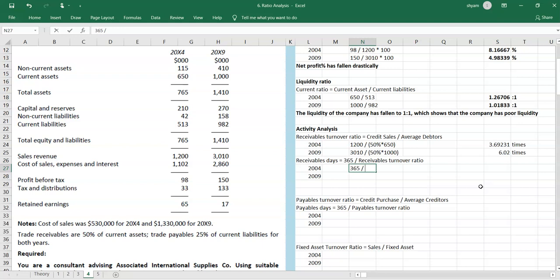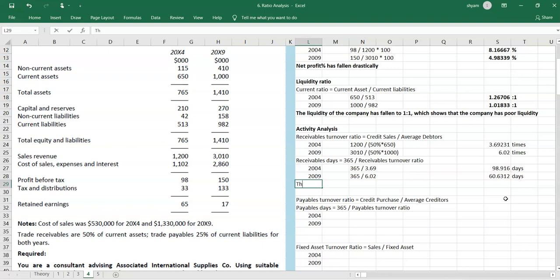So the first one is 3.69, 6.02. So both are expressed in days, and let's put a comment here. Earlier they were having the receivables outstanding for 98 days. Now it has fallen to 60 days.